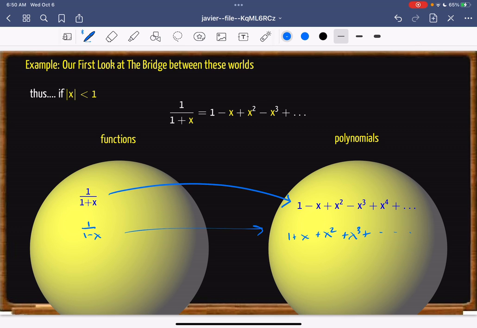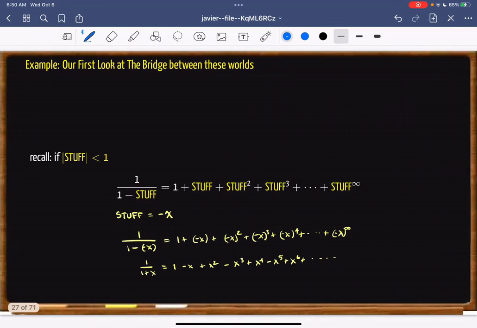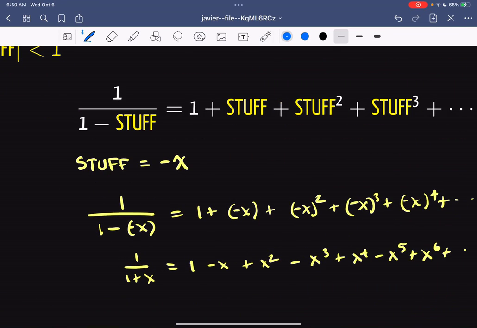But wait, there's more. As soon as you see that, you can think to yourself, well, if I could have replaced that stuff there with negative x, then what stops me from replacing it with other things? For example, x squared or x to the third, or any sort of x variation, or even other things other than x.